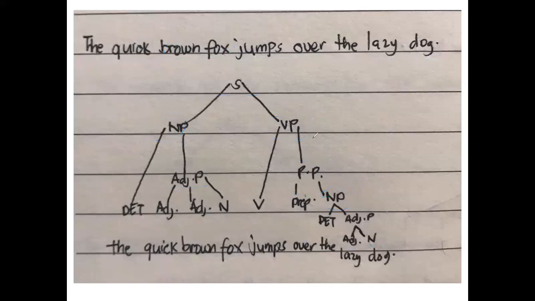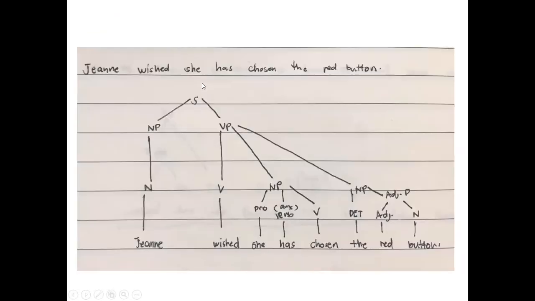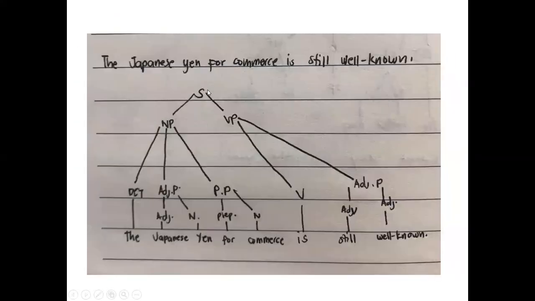Let me clear the drawing and let's go to the next page. Okay, the Japanese yen for commerce is still well known. We have sentence in here, between S are NP and VP, and the Japanese yen for commerce will be the end point of our noun phrase.